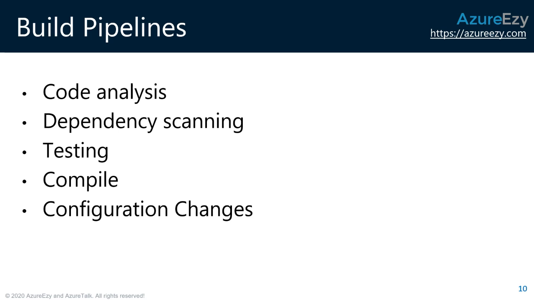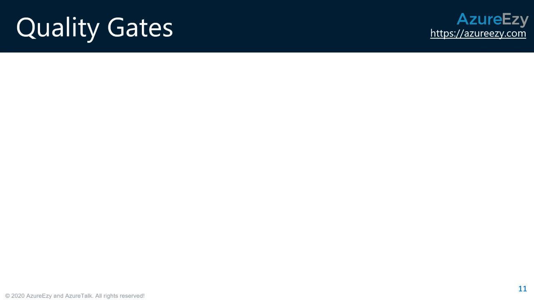These are the major points that you will be looking at whenever you are designing or defining your build pipeline. Normally what happens is that you have code changes and a version control system, that is Git or any other version control, but Git is one of the most popular version control systems these days.